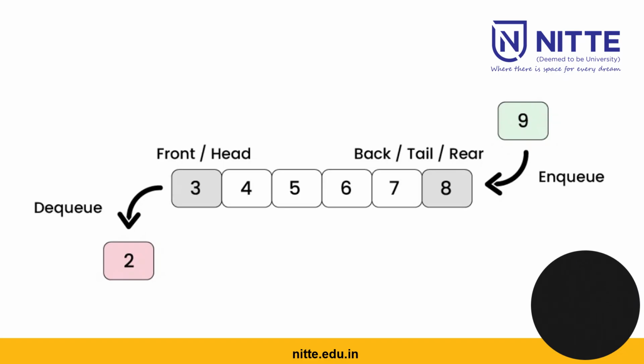So from the back side we will enqueue an element 9. And on this other side, it is the front end. That means from the front end we will dequeue an element. Here element 2 has been dequeued from the front end. The front end we can also call the head. So this is the pictorial representation of a queue, where we do enqueue and dequeue operations.